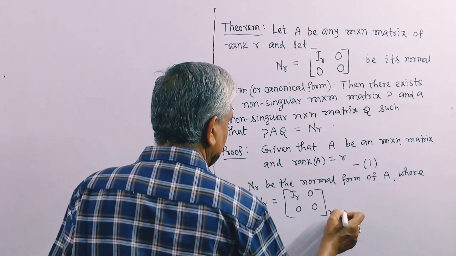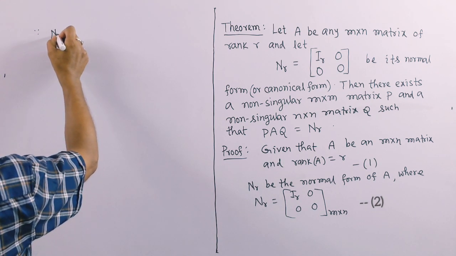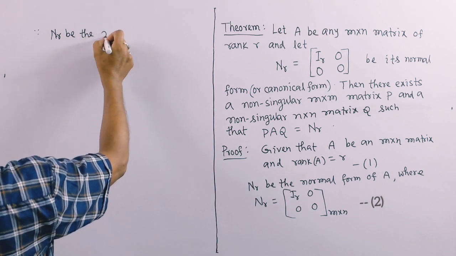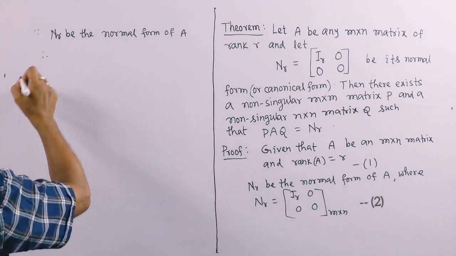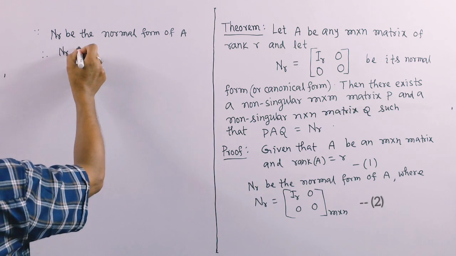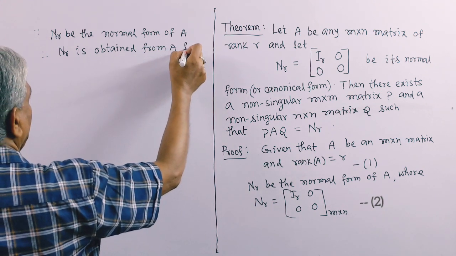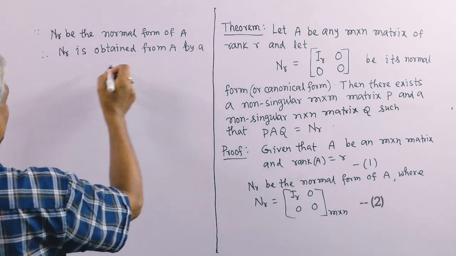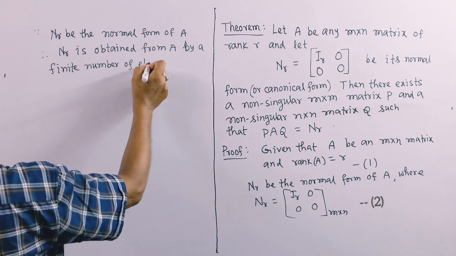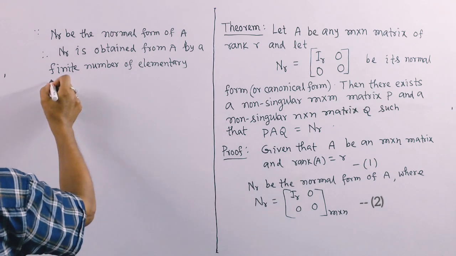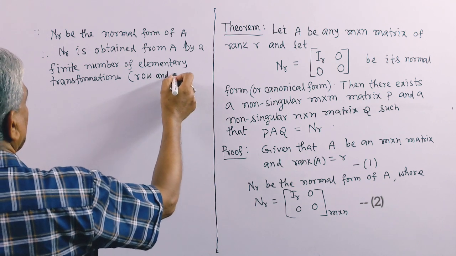This is an m by n size matrix. Since Nr is the normal form of A, therefore Nr is obtained from A by a finite number of elementary transformations, row and column transformations.